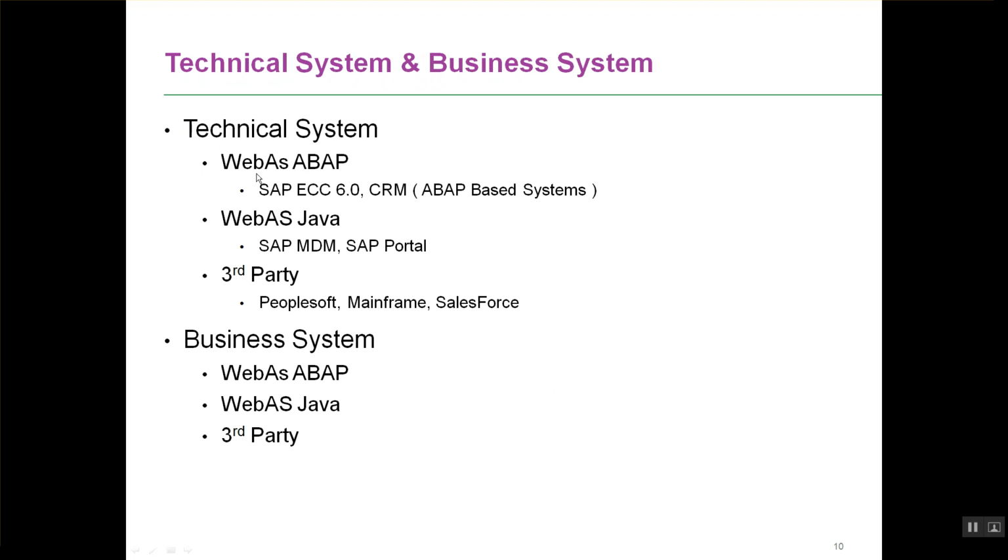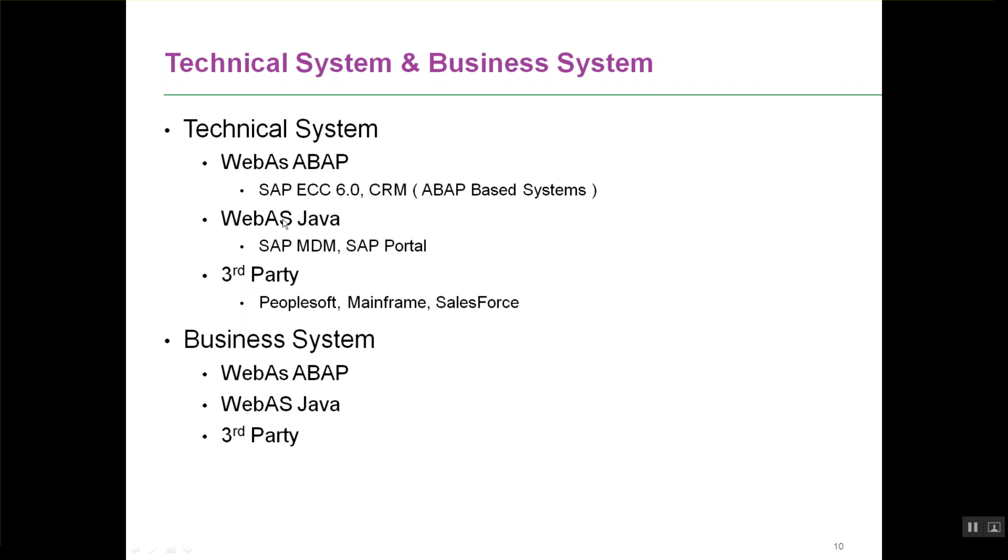You will have a web-based ABAP technical system, a web-based Java technical system, and a third-party technical system. So what is a web-based ABAP system, right? An SAP ECC 6.0 server, which runs on a web application server ABAP, or which is an ABAP-based system from SAP, is called a web-based ABAP technical system.